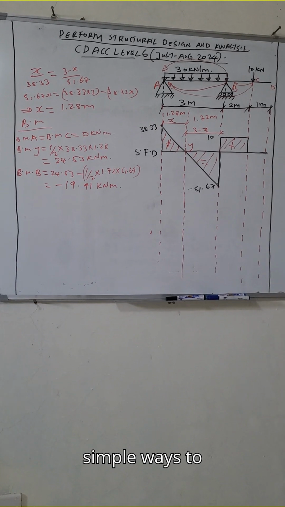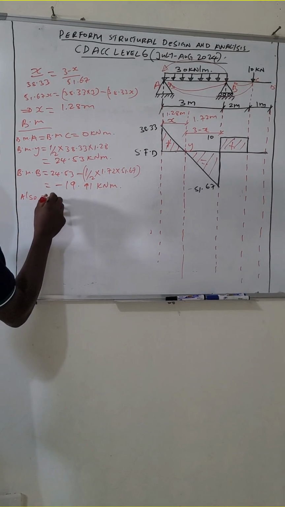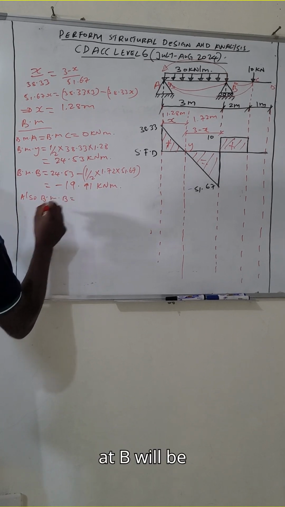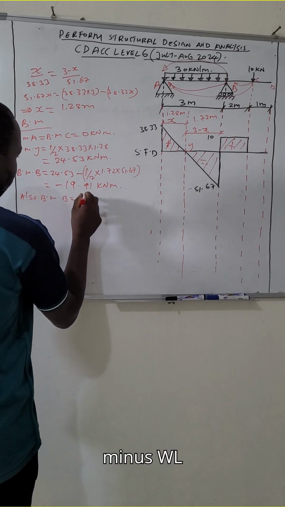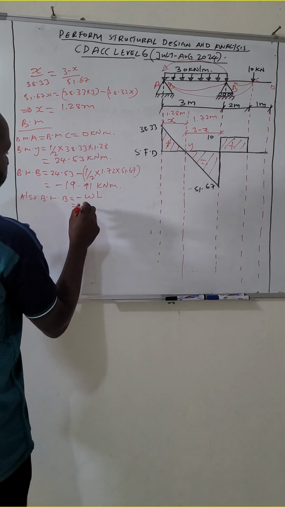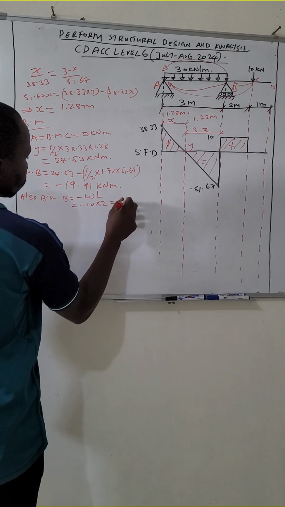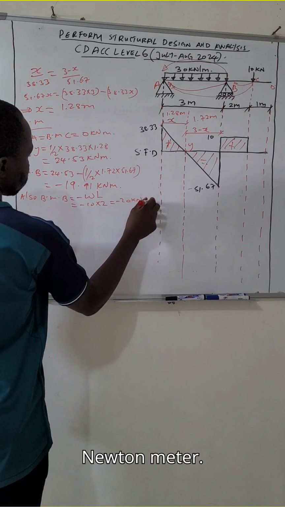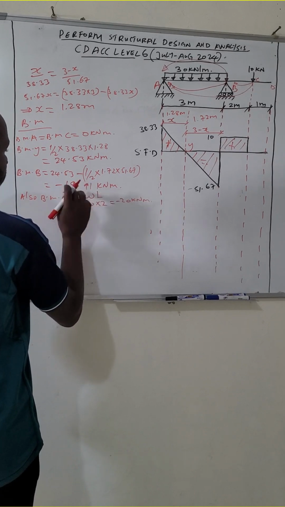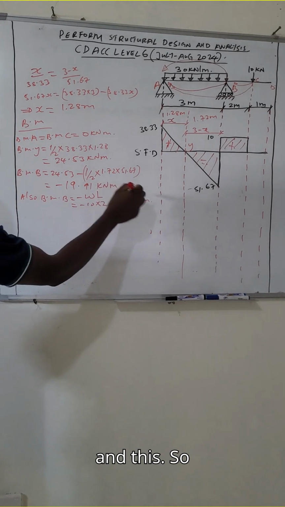Or the simpler way to calculate the bending moment at B is minus WL. So we'll have negative 10 times 2 equals negative 20 kilonewton meter. You can see we have a very small difference between this and this.